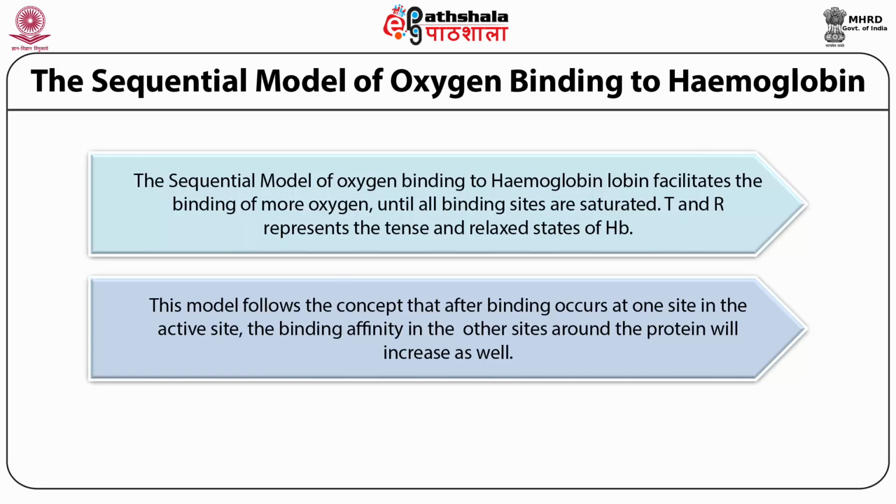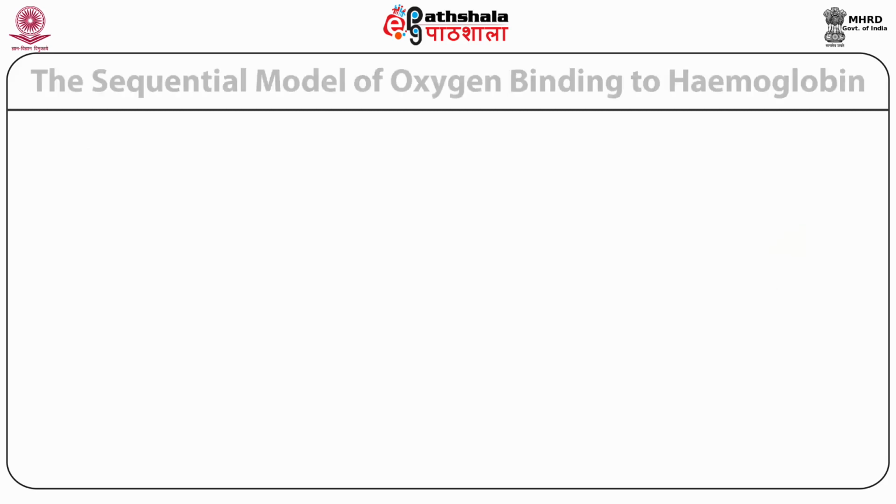In this induced fit, when one molecule of oxygen binds to one monomer, it will bring the structural change to that monomer only, but in such a way that it will increase the affinity of substrate or oxygen binding to the neighboring subunit.